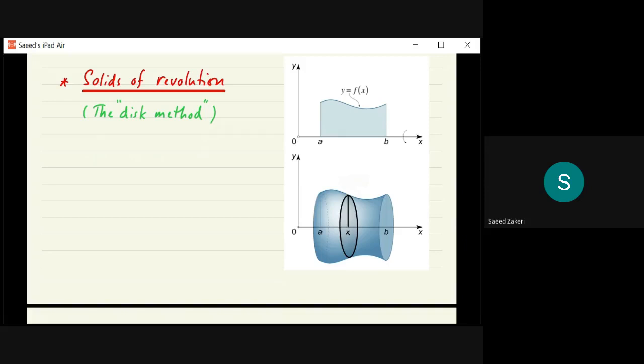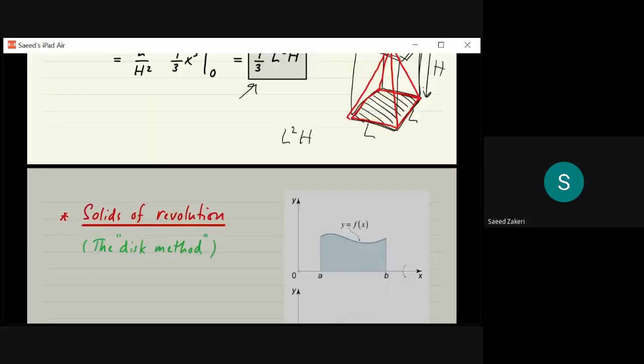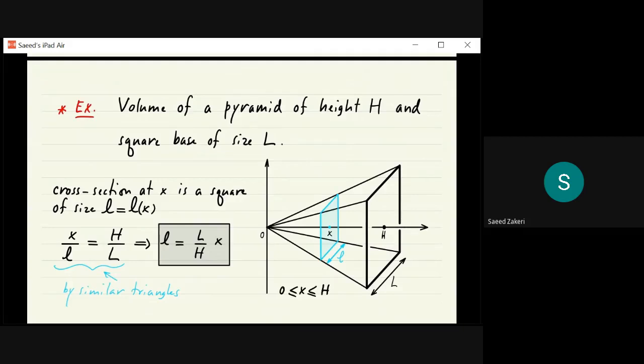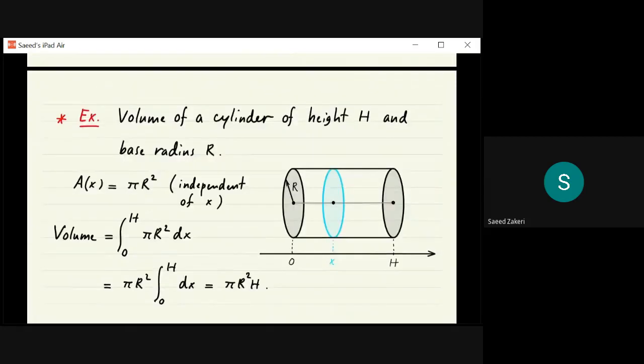My claim is that the general principle that we learned, that the volume of a solid is the integral of its cross-sectional area, takes a very simple form in this special case. Not all solids are solids of revolution. For example, a pyramid is not a solid of revolution. Obviously, you can't get a pyramid with this sort of flat shape by revolving something around an axis. The cylinder is a solid of revolution.